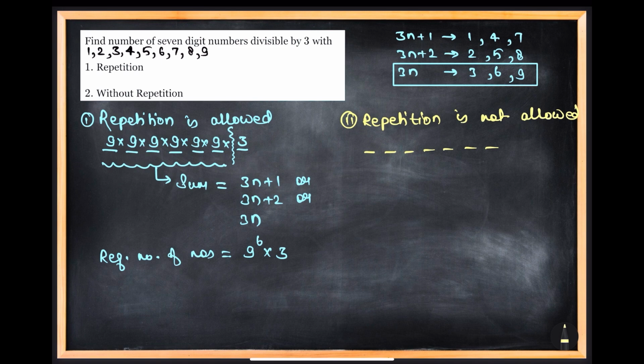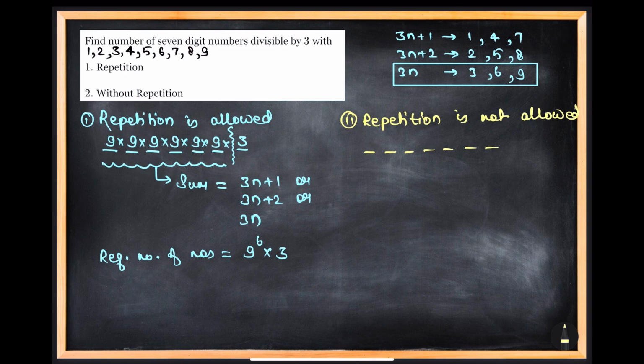So what I want you to tell is, just do the sum of all numbers. It is 1 plus 2 plus 3 plus 4 plus 5 dot dot dot plus 9. You know that it is the sum of the first 9 natural numbers.